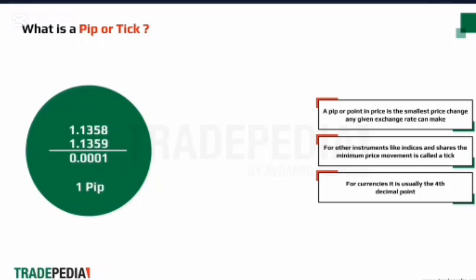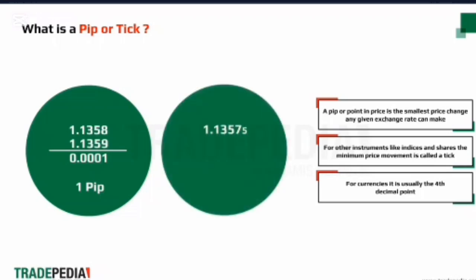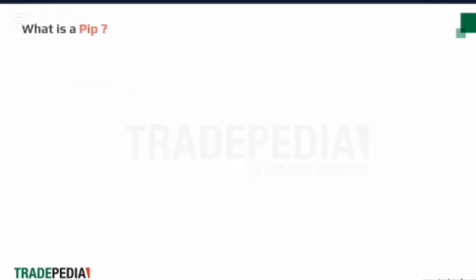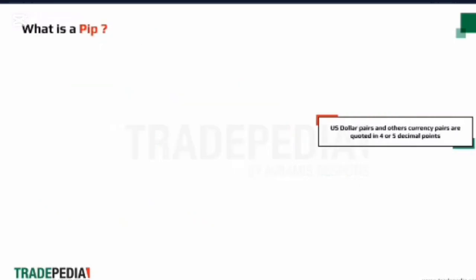Some platforms, however, offer prices in 5 decimal points. So, if we consider the price is 1.13575 and the next price is 1.13590, the difference is 0.00015, or in other words, 1.5 pips. US dollar pairs and other currency pairs are quoted in 4 or sometimes 5 decimal points.